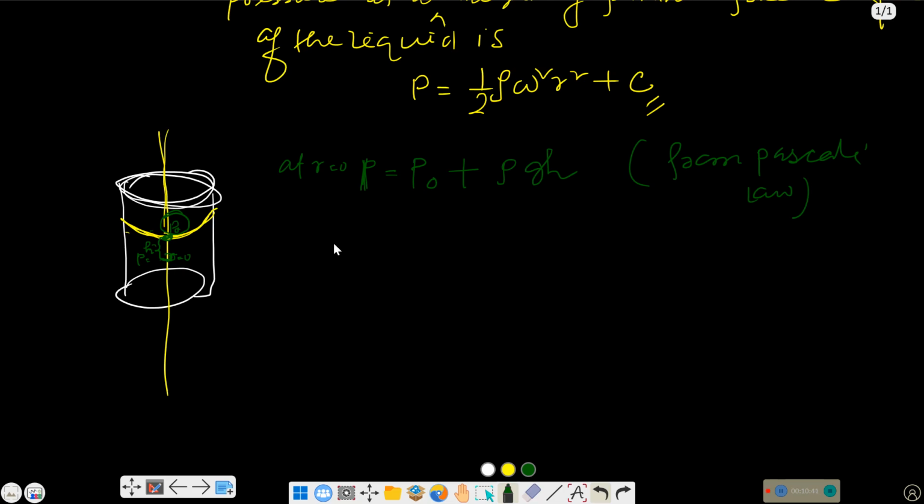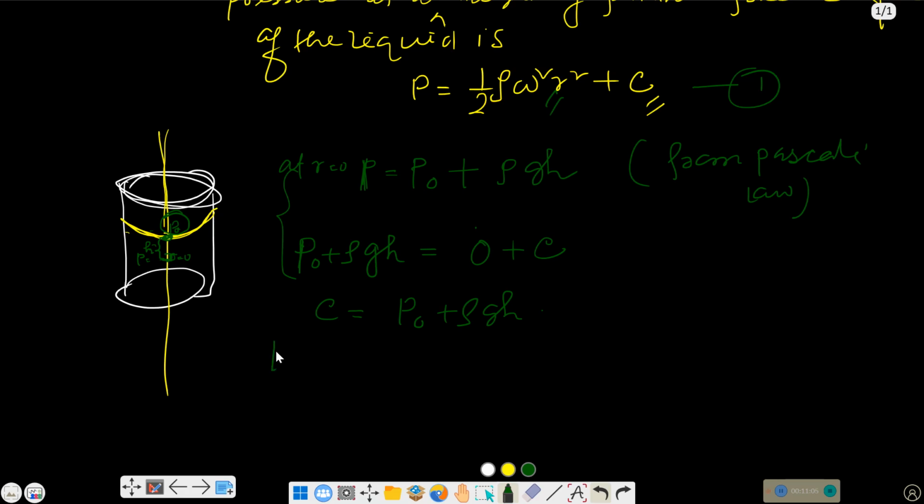According to this, we can put it in this particular equation number 1. So P is equal to P naught plus rho g h; for r equal to 0, this term will be equal to 0, so we are left with C. So from this boundary condition, we get the integration constant C as P naught plus rho g h.